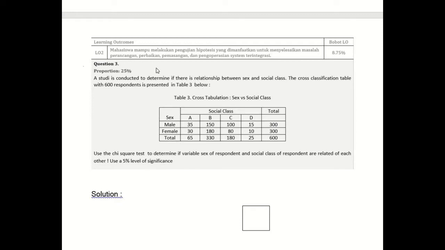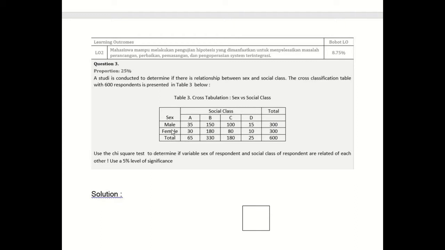A study is conducted to determine if there is a relationship between sex and social class. The cross-classification table with 600 respondents is presented in Table 3 below. So we get the cross-tabulation table, sex versus social class.